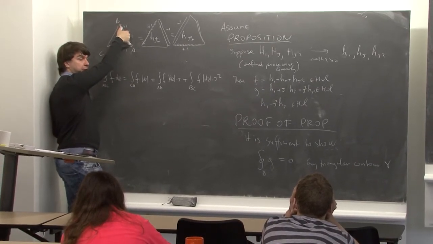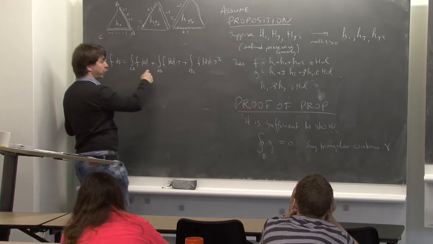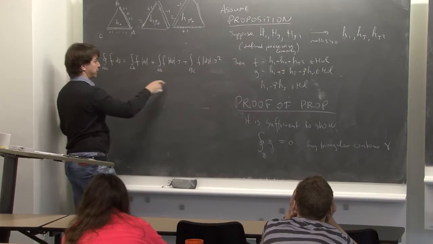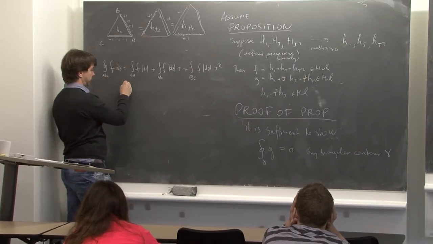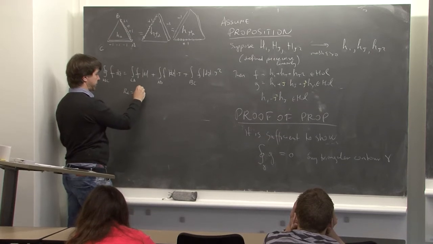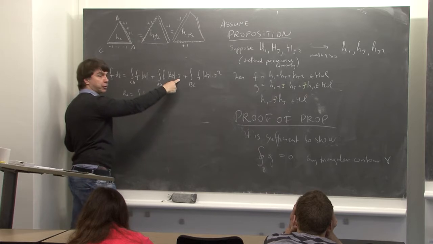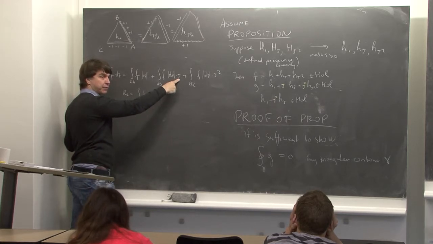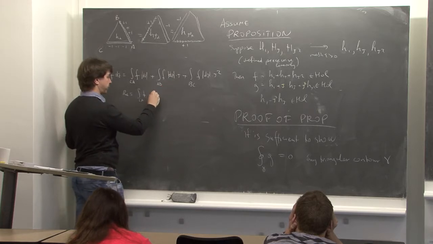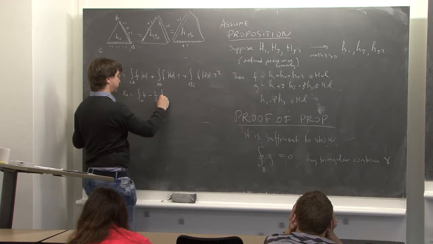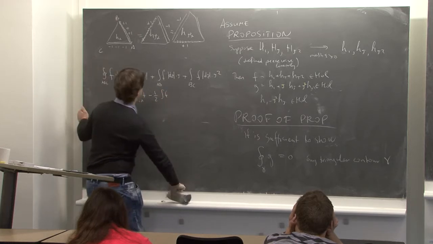Why? Because if you look at the real part, it's the integral of f over CA plus the real part of tau, which is -1/2, times the integral of f.